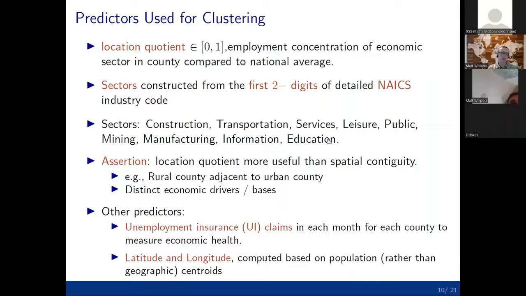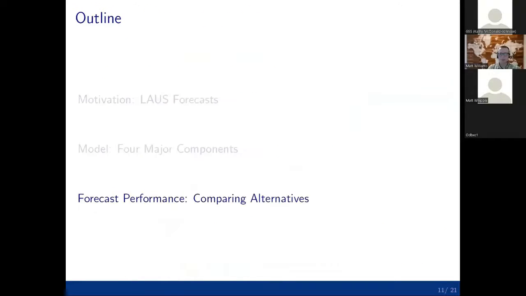So instead, we should use something like a location quotient. In addition, we also had access to unemployment insurance claims and some latitude and longitude. So these predictors are not only in the regular part of the model, but they're used to prime the clustering, to have counties that are more likely to cluster together based on similar covariate values. I spent a little bit of time conceptually to set that up.